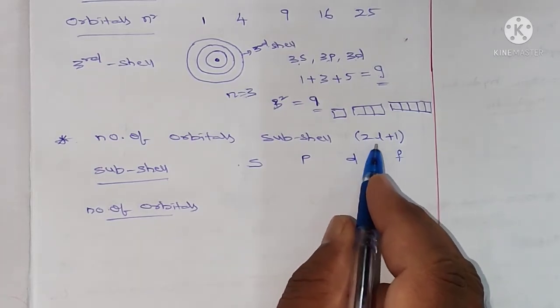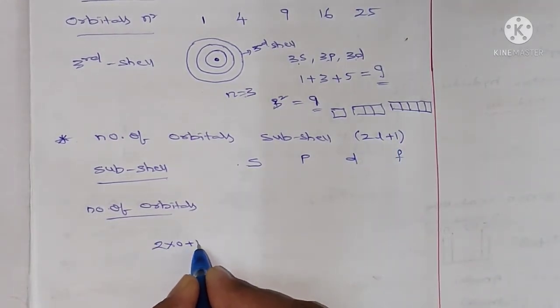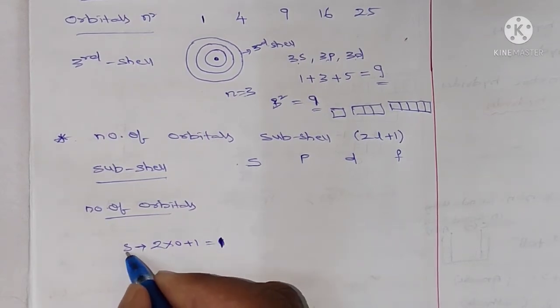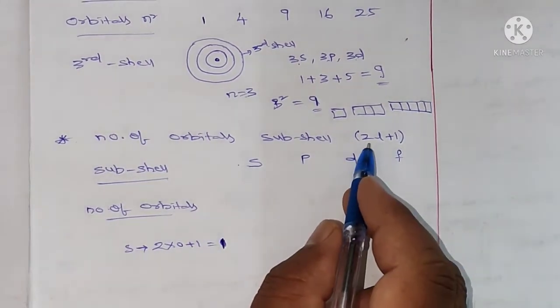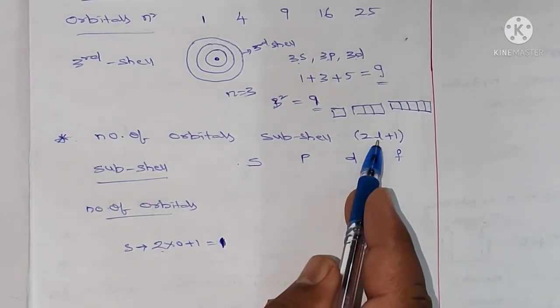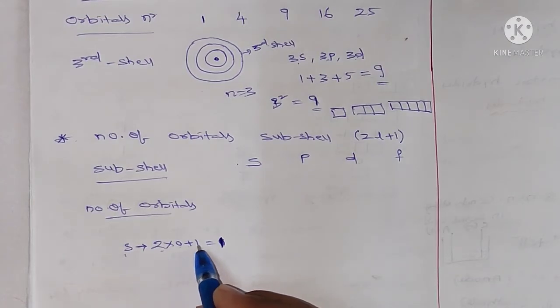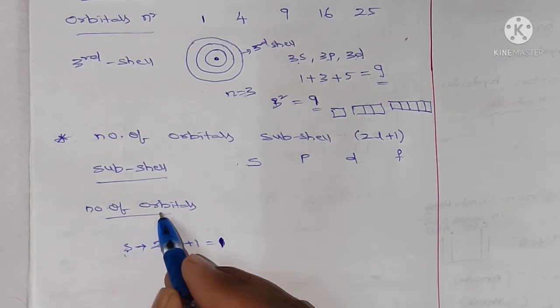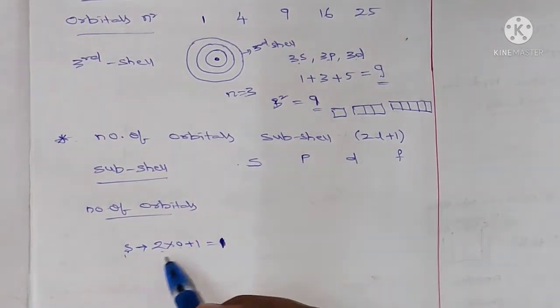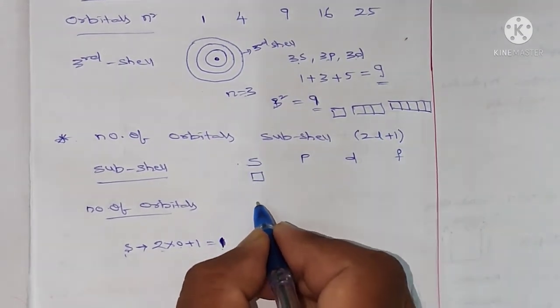According to the formula 2l plus 1, 2 into 0 plus 1 is equal to 1. So the total number of orbitals present in an s subshell is 1.